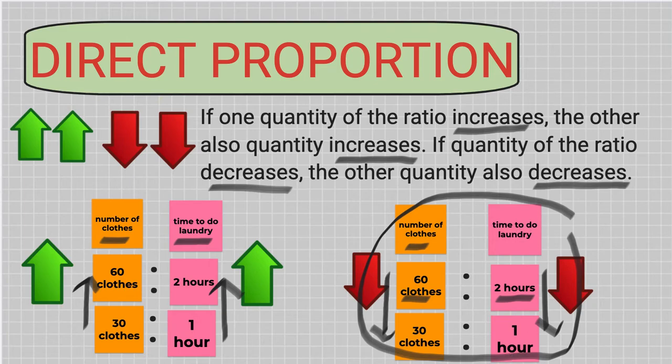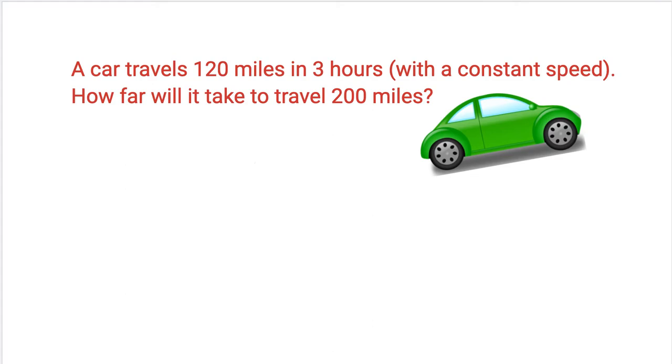Now let's try to apply this in a word problem. Let's find out if this is a direct proportion. Let's read first. A car travels 120 miles in 3 hours with a constant speed. So when I say constant speed, it means the same. How long will it take to travel 200 miles? Can we say that this is a direct proportion?